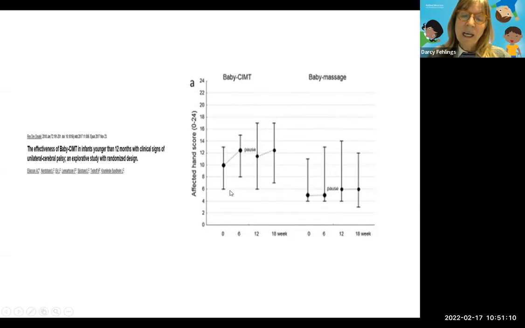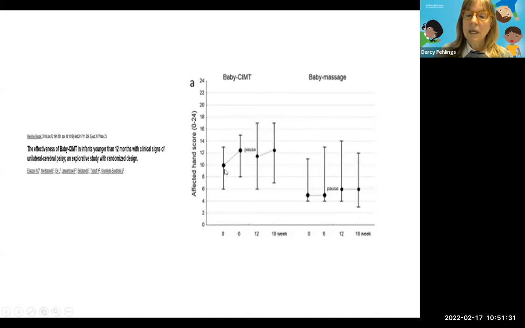They introduced the program as very much a play-based, parent-mediated program, and they did it in 2 6-week blocks. So here's the first 6-week block. Then there was a 6-week break, and then there was another 6-week block.